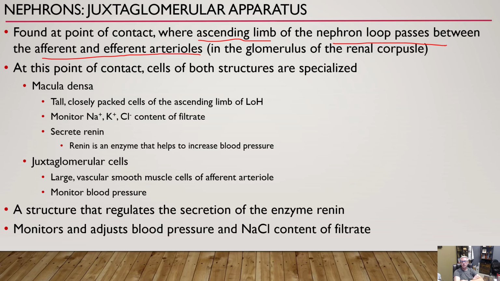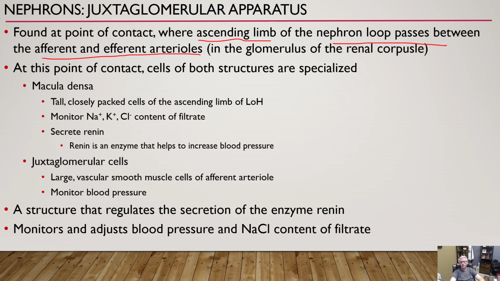So anything that's salt related, think of blood pressure. So basically, the macula densa is looking at your blood pressure. And if your blood pressure is too low, it's going to secrete renin. And renin is an enzyme that's going to help increase your blood pressure.